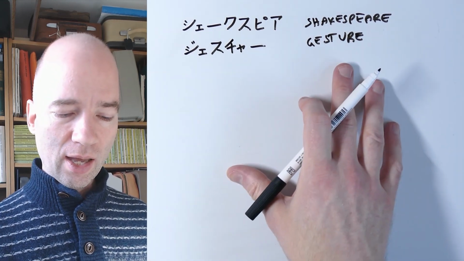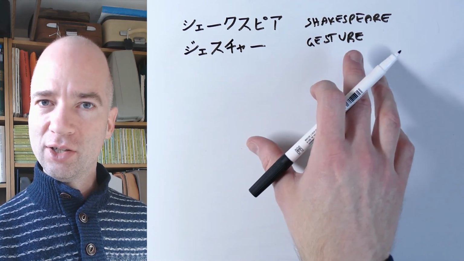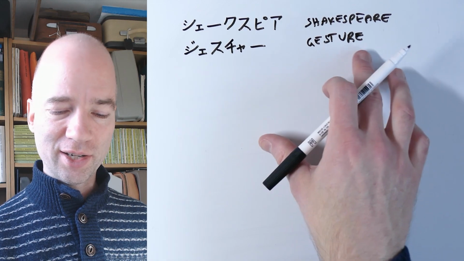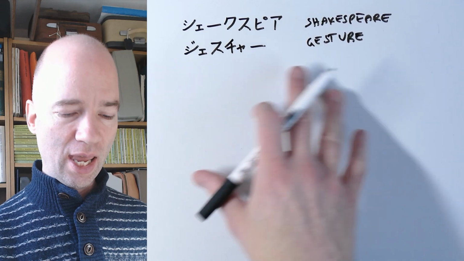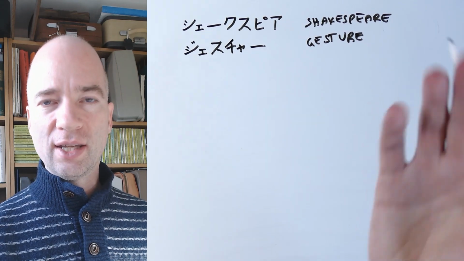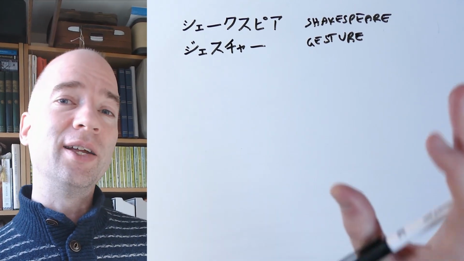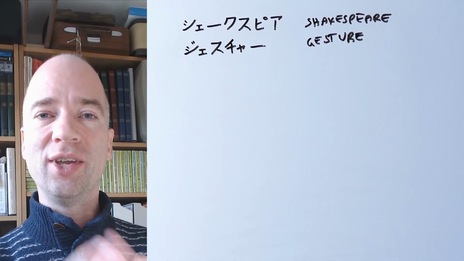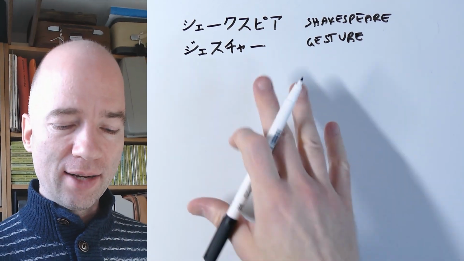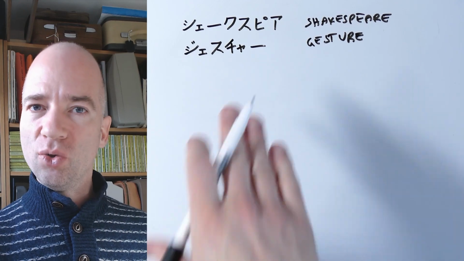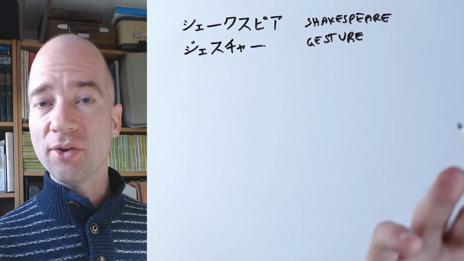And when you get an er sound in English, that becomes a long a sound in Japanese. Most diphthongs in English are actually just a lengthening of a single vowel, and in Japanese they tend to make those into long vowels as opposed to diphthongs, because they don't technically have diphthongs in Japanese.